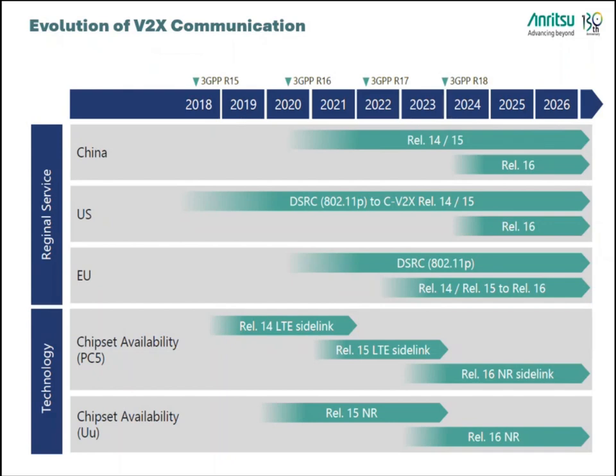Other regions like China, US, UK adopted CV2X as their standard due to the limitations of DSRC. And it is progressing to 5G technology also. So this is the overall roadmap or the evolution of CV2X technology.